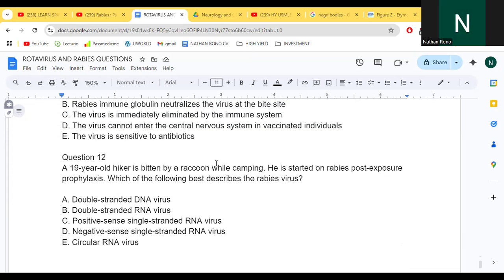Then finally, a 19-year-old hiker is bitten by a raccoon while camping. He is started on rabies post-exposure prophylaxis. Which one best describes rabies? First of all, we have to know it's RNA. So choice A is wrong.